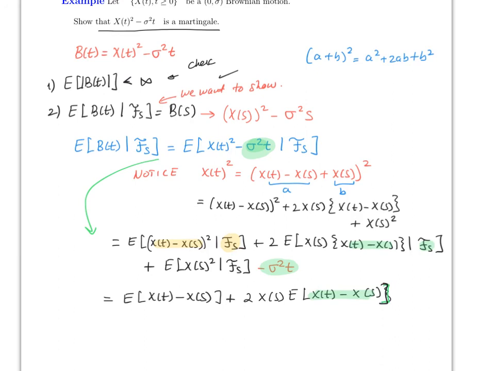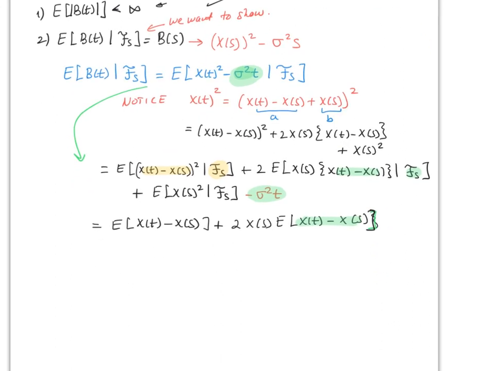And then clearly this is measurable with respect to this. Hence, for the third term, you only get x s squared, again because this is measurable with respect to this, and the second part just goes here.